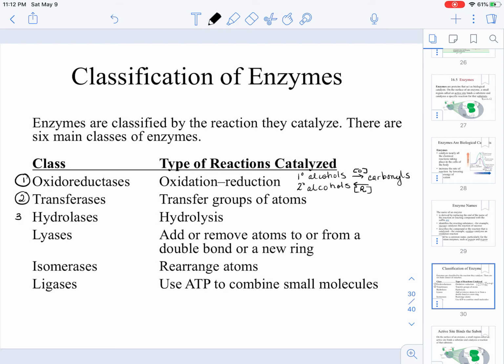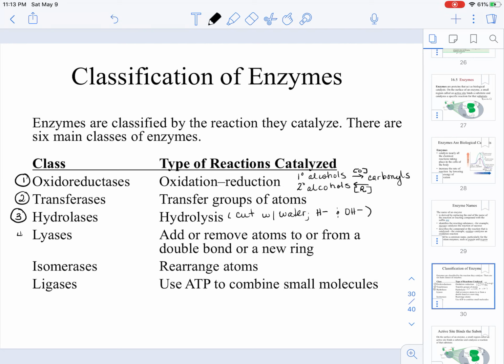We have hydrolases, and hydrolases are involved in the process of hydrolysis. Remember that hydrolysis means that your molecules are going to be cut with water. You know that a molecule is cut with water because of the functional groups that result after hydrolysis: one is going to have an H and the other one is going to have an OH.